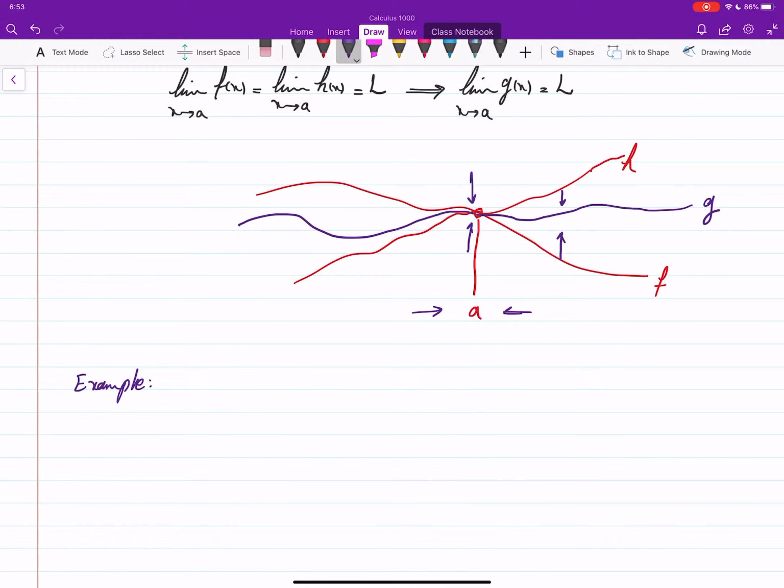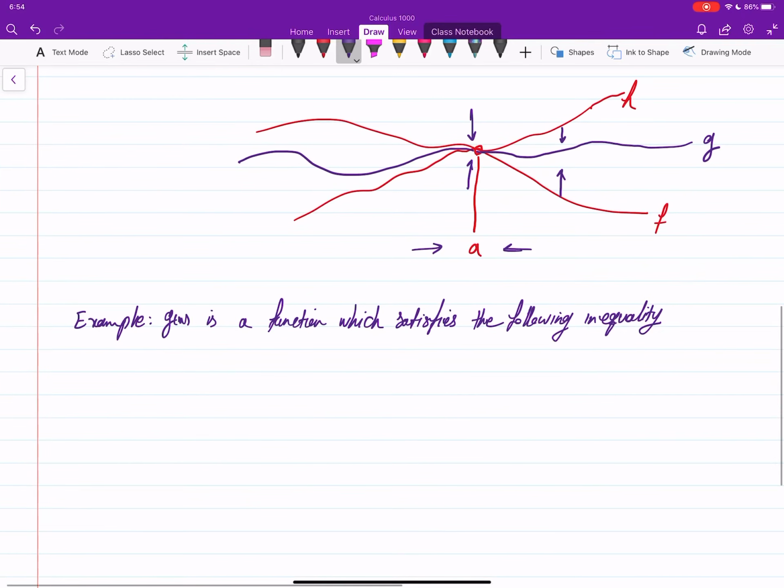So let g be a function which satisfies the following inequality for all x's.